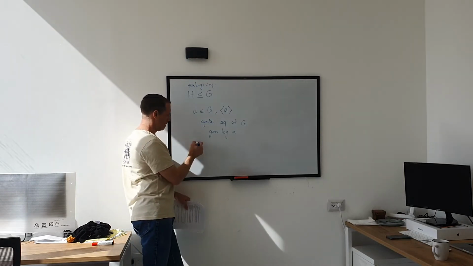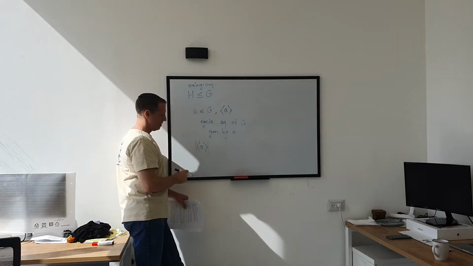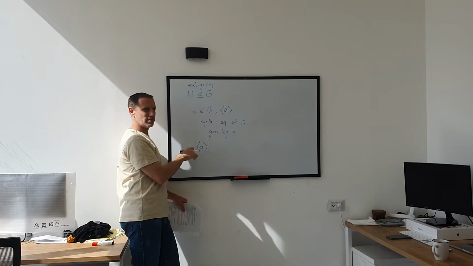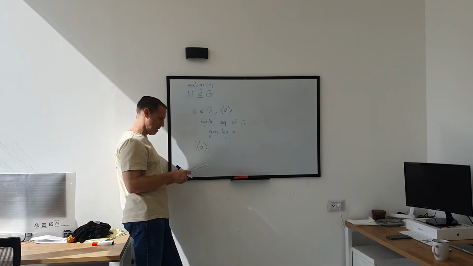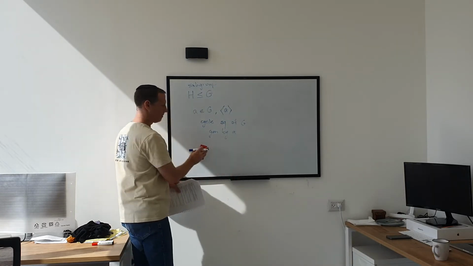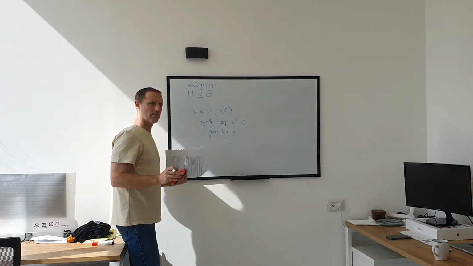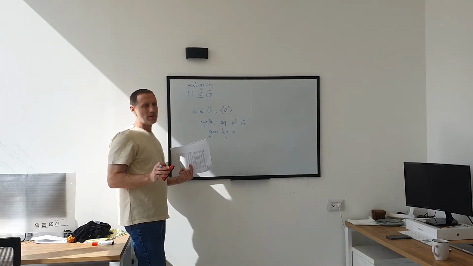And obviously we can again talk about the order of A, okay? And if A is finite, then the subgroup is finite. Now, how can it be finite if we define it as the addition of A to itself?